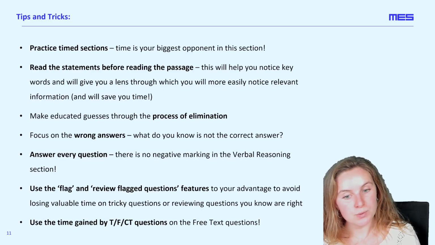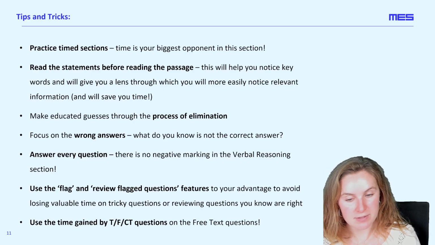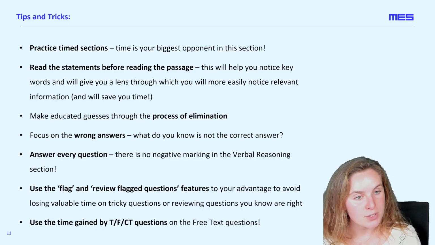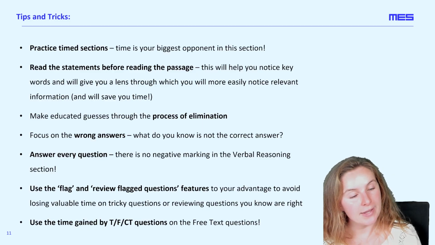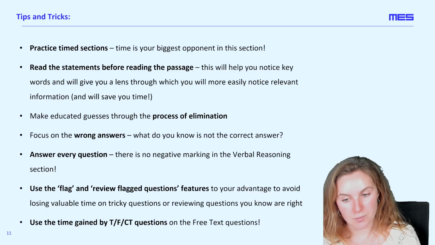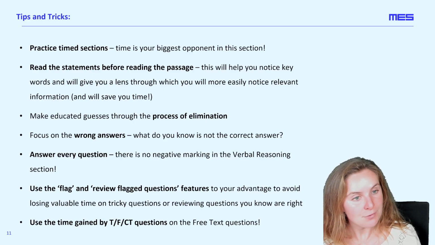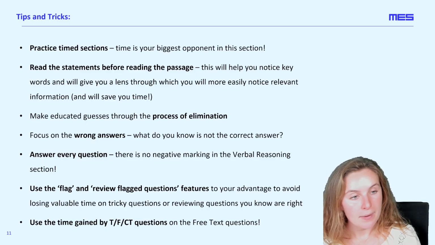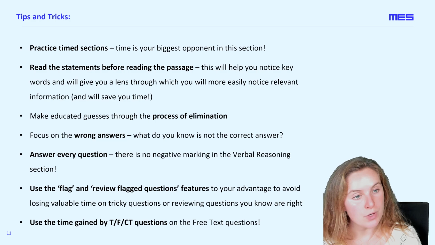You're looking to make educated guesses through the process of elimination, even by reducing your number of options from 4 to 3. If you know one of the options is wrong, it increases your likelihood to get it right. And if you are running out of time in this section, do try and focus on the wrong answers and see which ones you know are not correct, and answer every question.